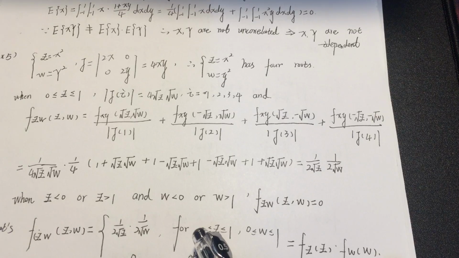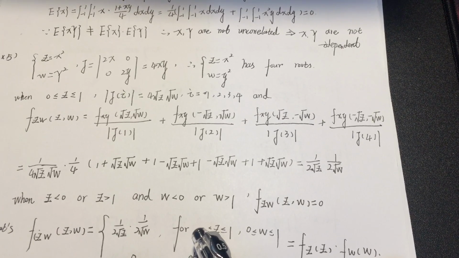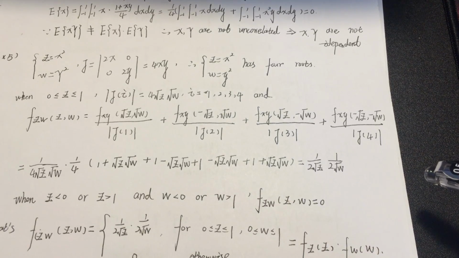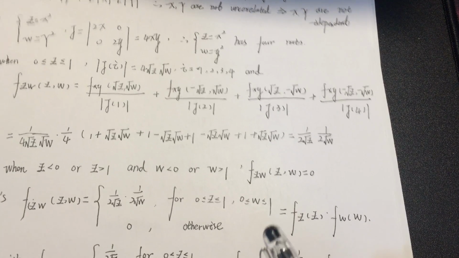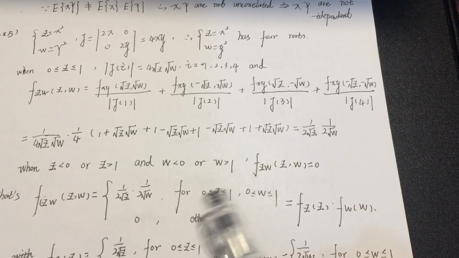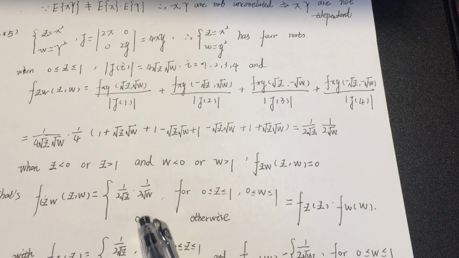And if we want to prove or disprove that X squared and Y squared are independent, we have to write down the density function of ZW calculated from above.